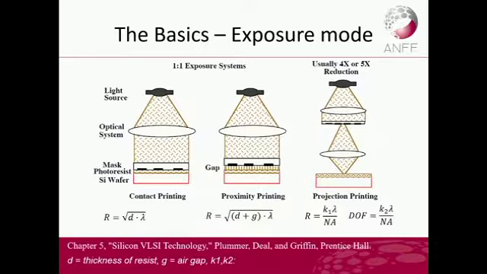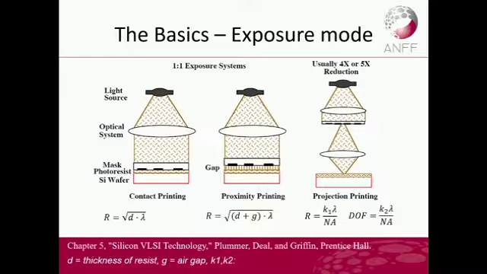What you have on the mask is what you get on the wafer, where the resolution is roughly described by the square root of D times lambda, where D is the thickness of your resist and lambda is the wavelength of your light. So if your resist is thicker, your resolution is lower.